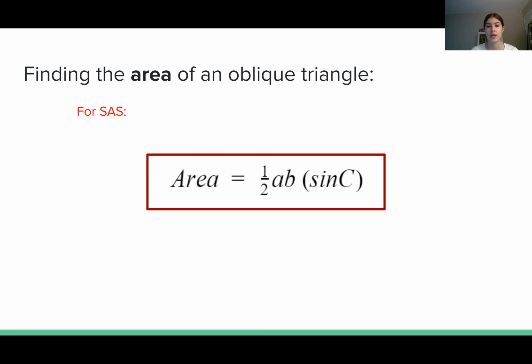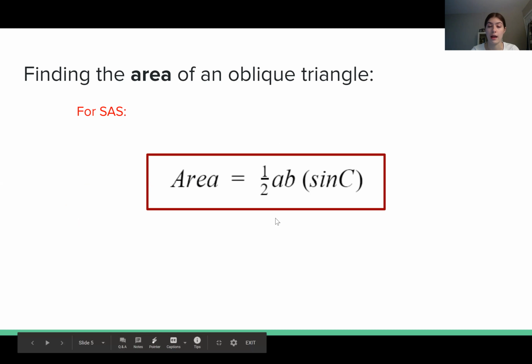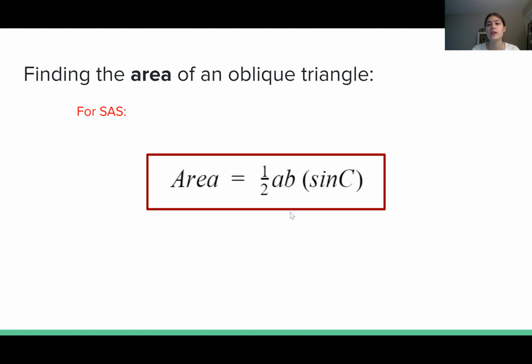Now, this formula actually works for any of the sides and angles that you are given, right? So this could technically also be 1/2 BC sine of A, or 1/2 AC sine of B, right? All that matters in this formula is that you are plugging in the 2 sides that you are given and the angle that you are given in side, angle, side, all right?